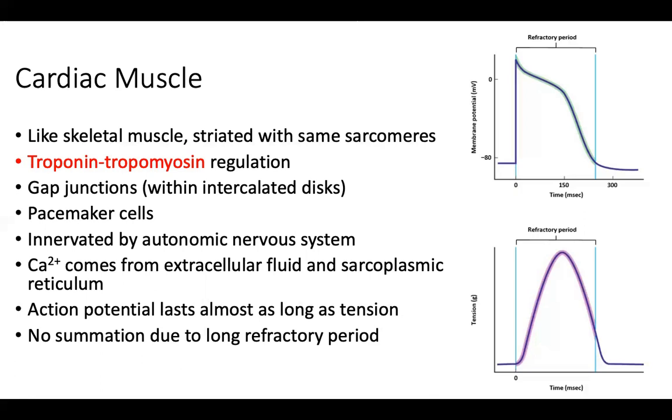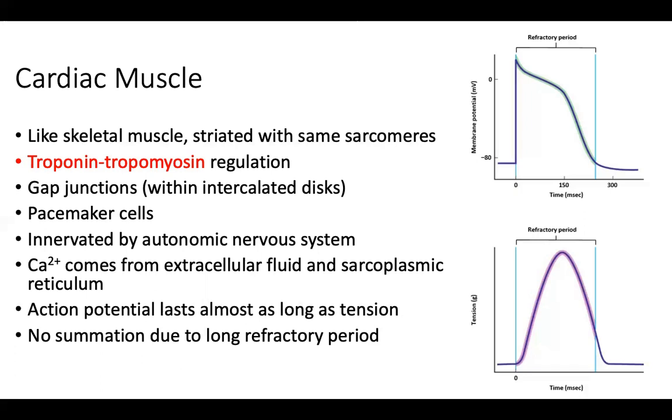So we don't see summation here, as we saw in skeletal muscle. That is because the action potential is the same length of time as the tension production. So those are the properties that we see for cardiac muscle.